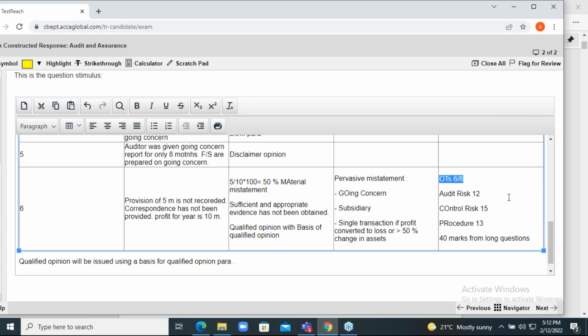So we have the data related to the audit risk question, control risk question, and procedures, but we are not aware of the current trends of examiners related to OTs. So first of all, we don't have that kind of data bank for the OTs. The only resources available for us are some of the resources in the Kaplan form or BPP form. So first of all, this is the point.